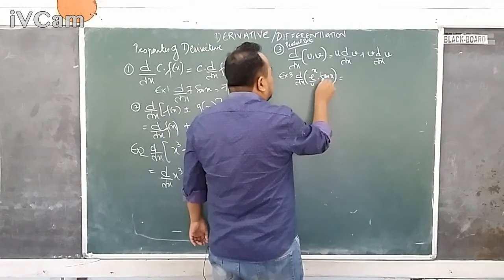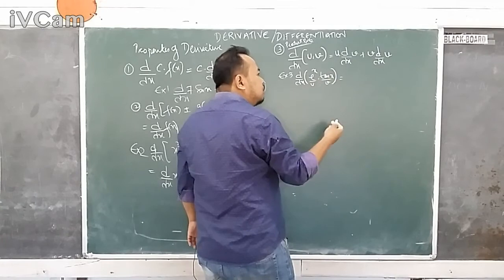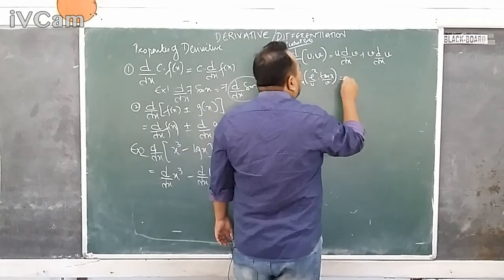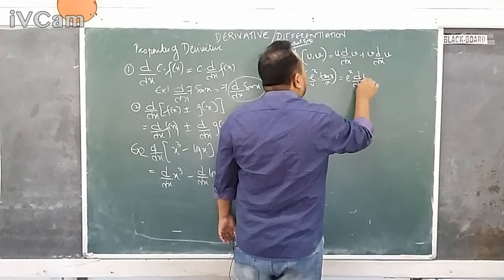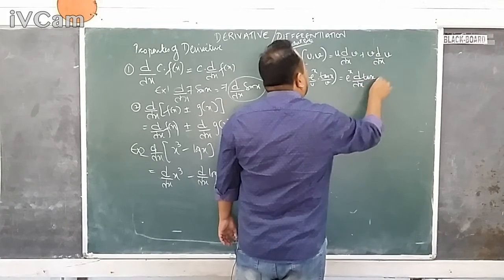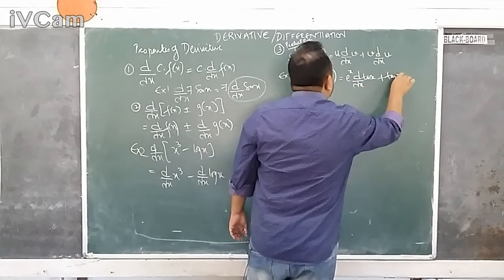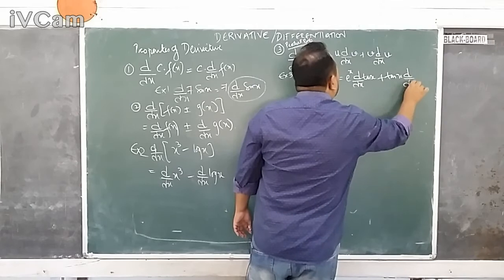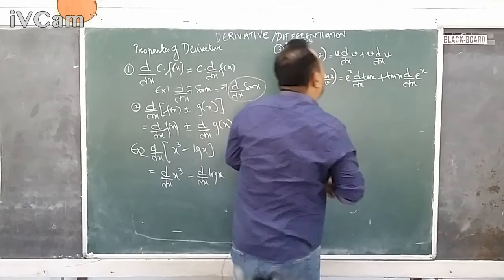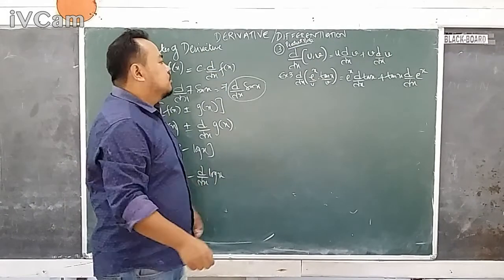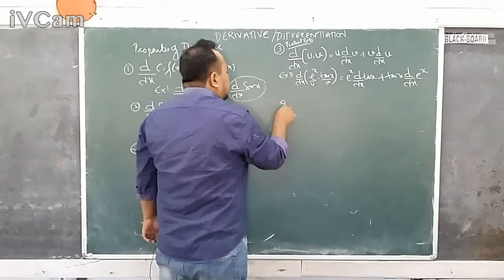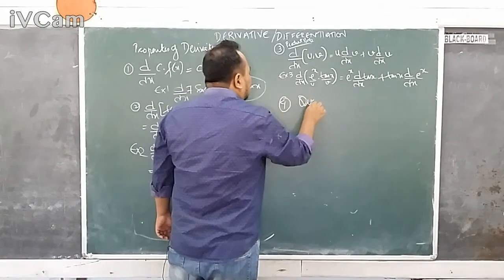So this becomes u, this becomes v. Tell me the rule, but write down the value. The rule is u, u means e to the power x, d by dx of v, that means tan x, plus v, means tan x into d by dx of e to the power x. So this is called product rule. What is it called, everyone? Product rule.